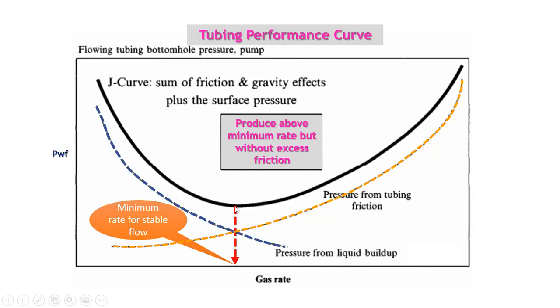Everything to the left of this point leads to accumulation of liquids in the wellbore, so the pressure drop is coming from the liquid buildup. But to the right of this point, the minimum point, which is the stable flow, we have pressure drop in the tubing due to friction.